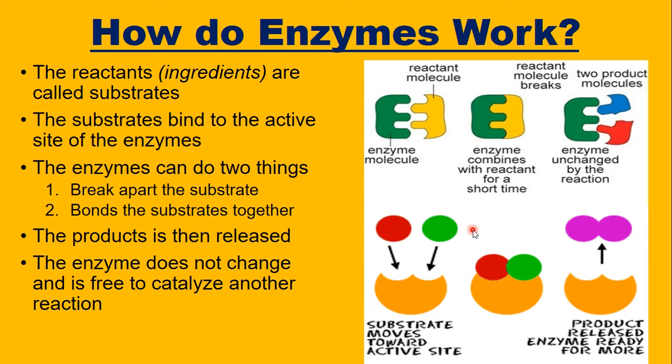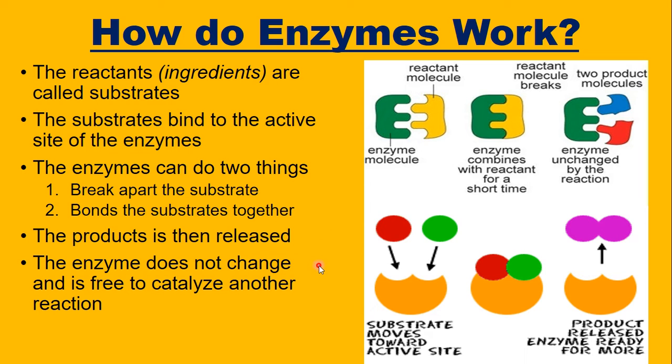So it could break apart the substrate. The other one is it could take multiple substrates in. You see this at the bottom. They react and it produces one product, which means it binds the substrates together to release a product. The final thing is called a product, and this is released.